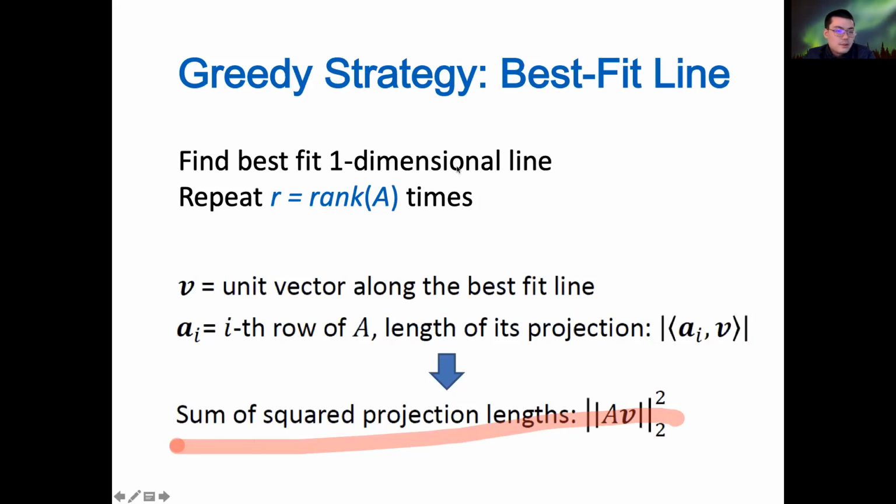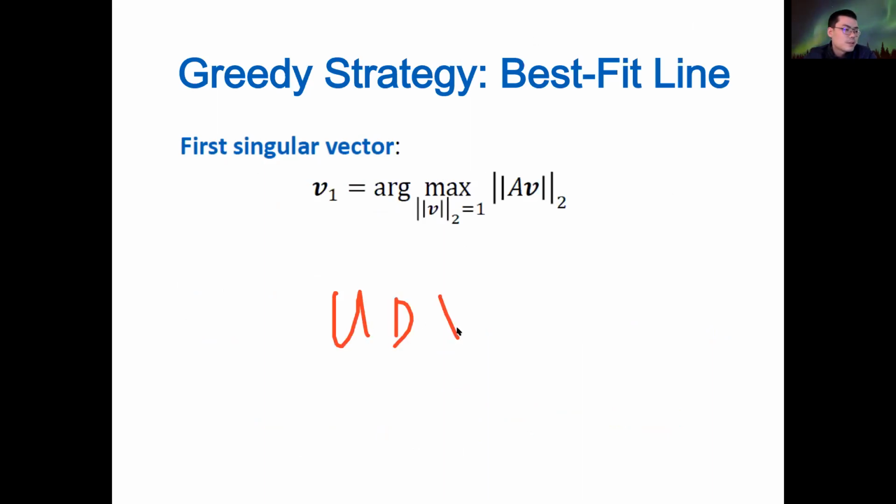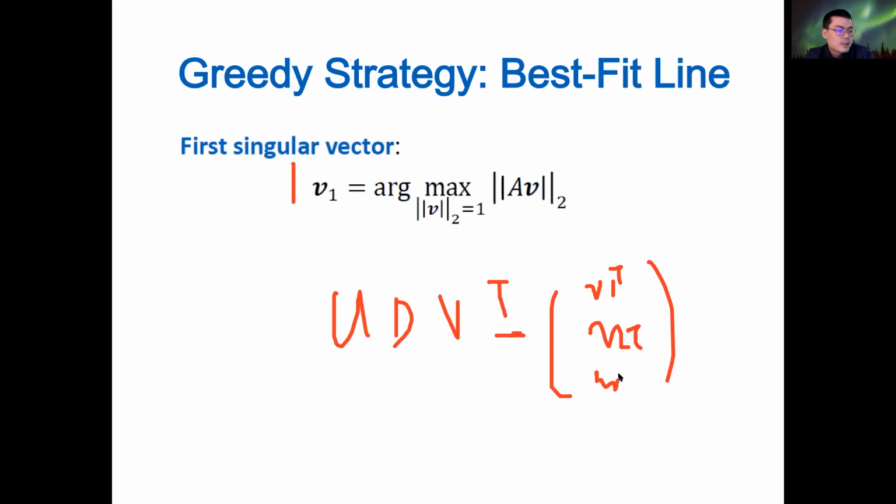Okay, let's continue. Next, remember we have SVD, so we have U, D, V transpose. This V transpose, we say you can write it like v_1 transpose, because v_1 is a column, this is the direction we want, then v_2 transpose, etc., and v_r transpose.